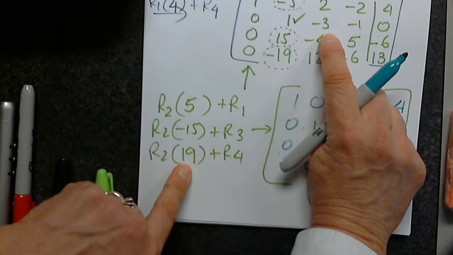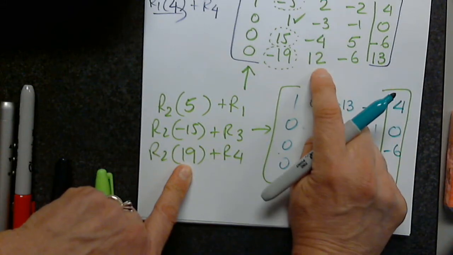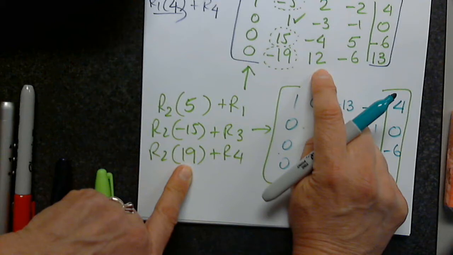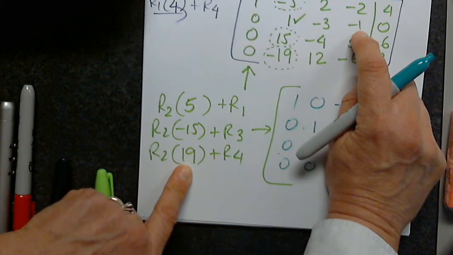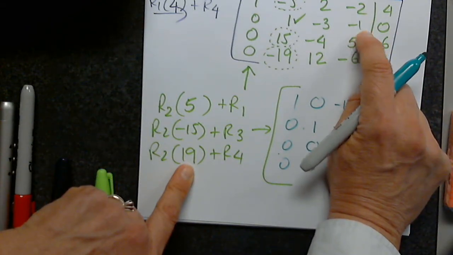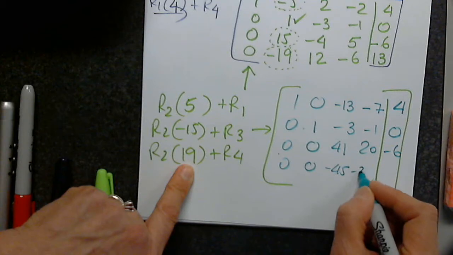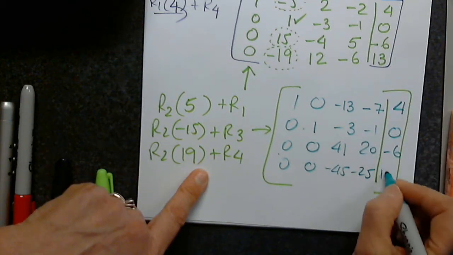Negative 3 times 19, it's negative 57. Is it? Negative 57 plus 12. Negative 45. I'm here. Negative 19 minus 6. And 13.